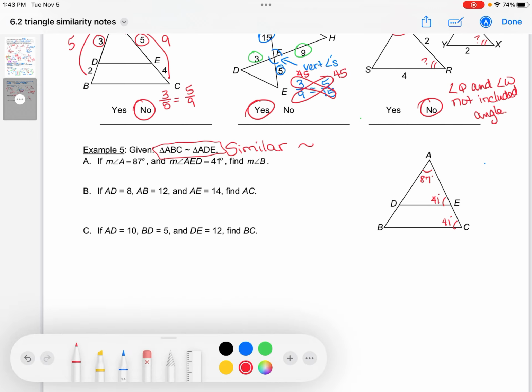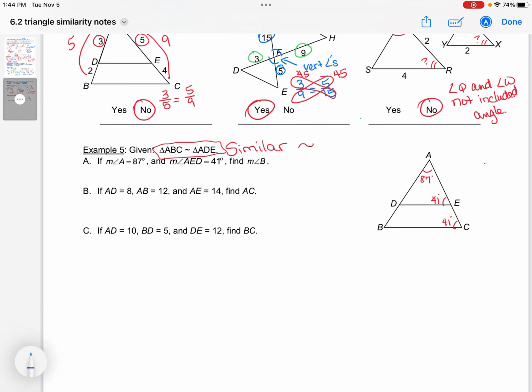So the measure of angle D, so angle B equals angle D, and it's going to be 87 plus 41 is 128. 180 minus 128 is 52. So the measure of angle B equals 52 degrees.